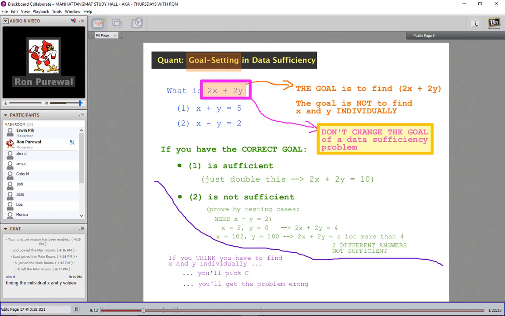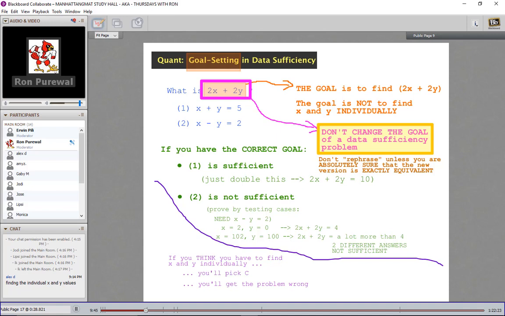Knowing what x is and knowing what 2x is, they're basically the same. But any rephrase that changes the goal even a little bit is going to mess up the problem. So don't rephrase unless you are absolutely sure that it's exactly equivalent. If there's any doubt, don't do it.